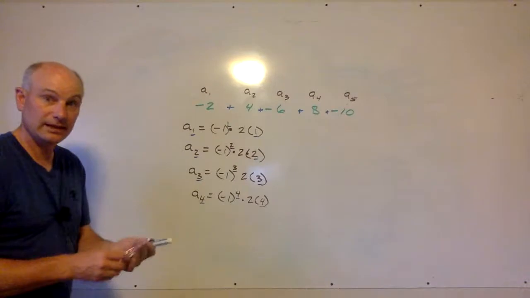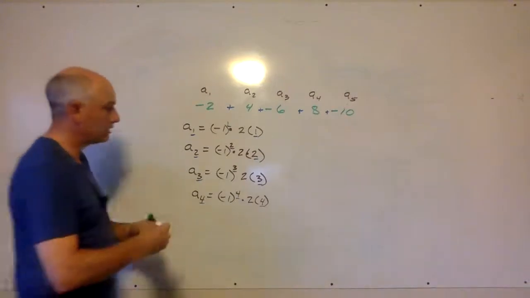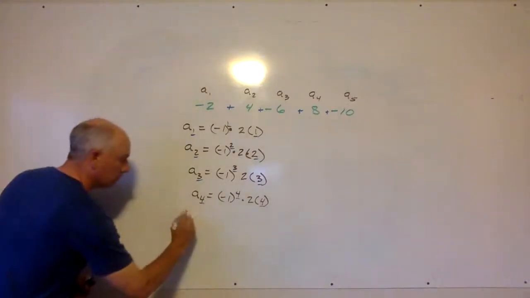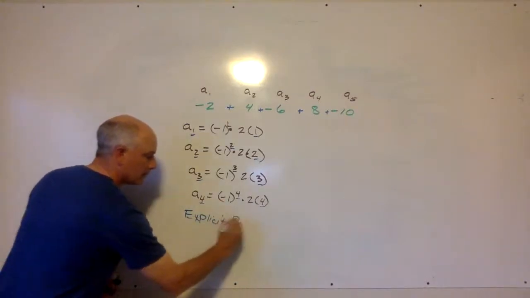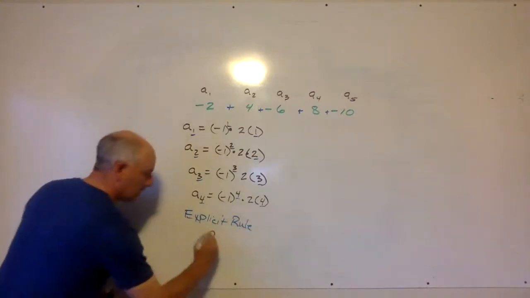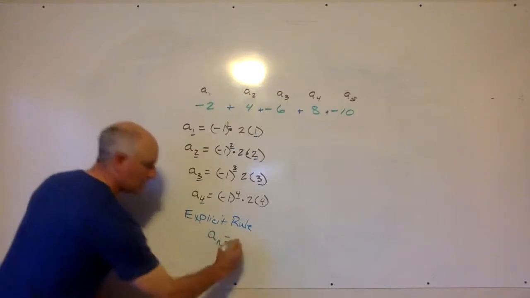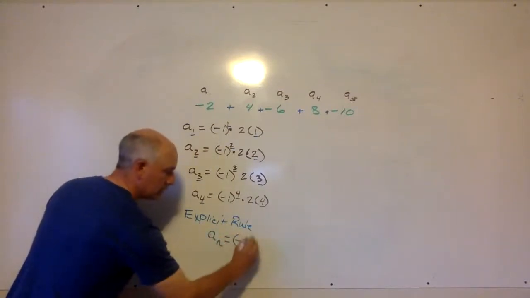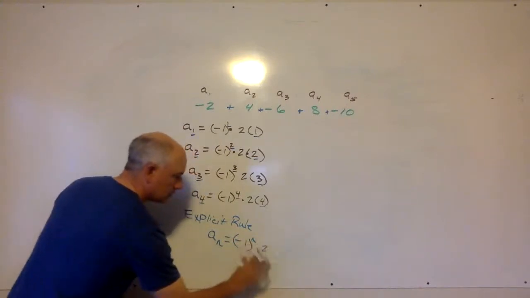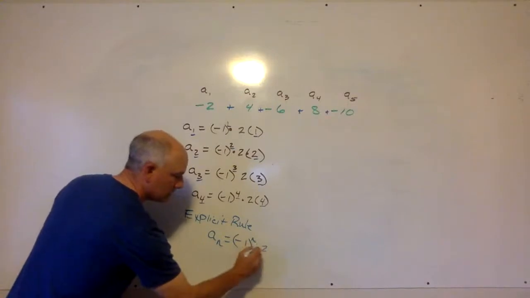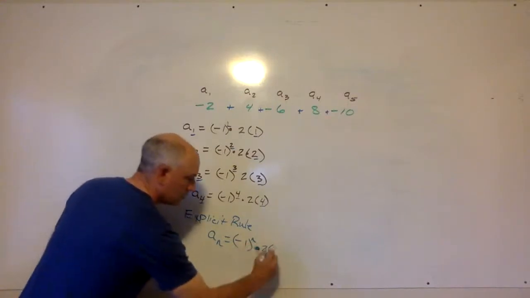Looks like that's fitting, isn't it? So it looks like our explicit rule, a sub n would be equal to negative 1 to the power of n times 2n.